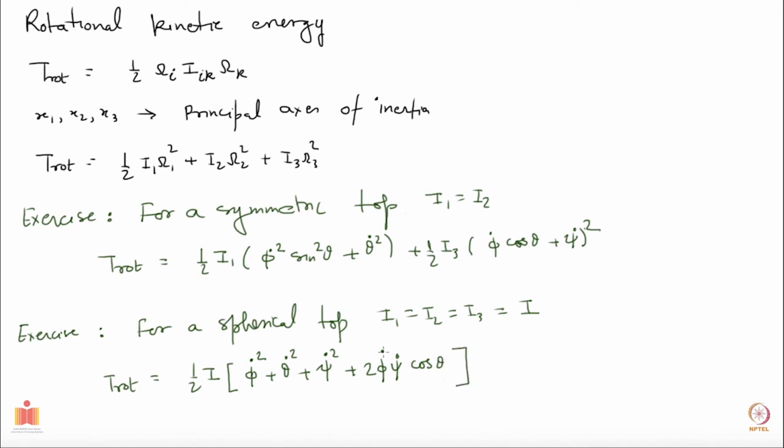So you see that the kinetic term has cross terms also. Phi dot psi dot is there. It's not diagonal in phi, theta and psi.